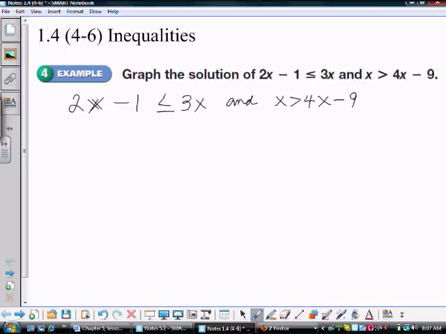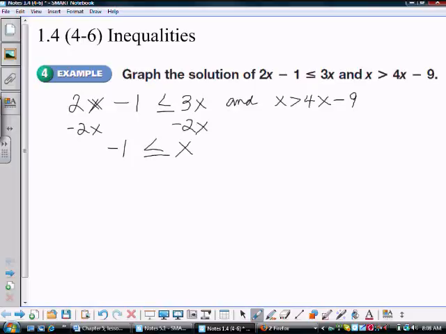I'll solve the one on the left first. So I think I will subtract 2x from both sides and get negative 1 is less than or equal to x. Done. I'll do the inequality on the right now.